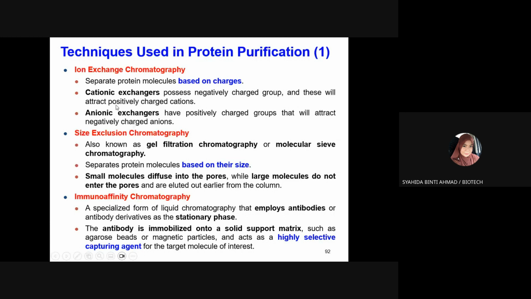You will learn more about this if you do enzymology, right? But you are not taking enzymology in this program, I think you just take principles of biochemistry, is it? Are you taking enzymology in the program for biotech?